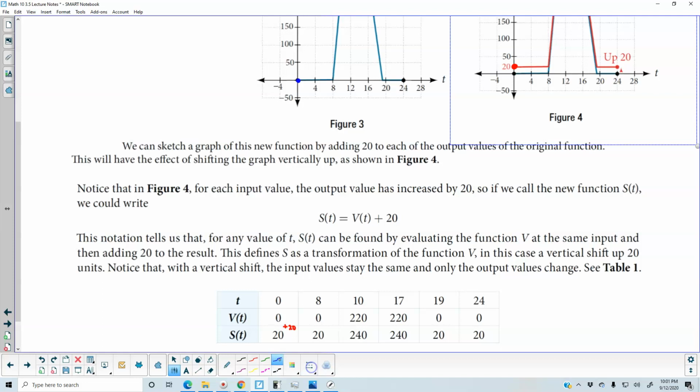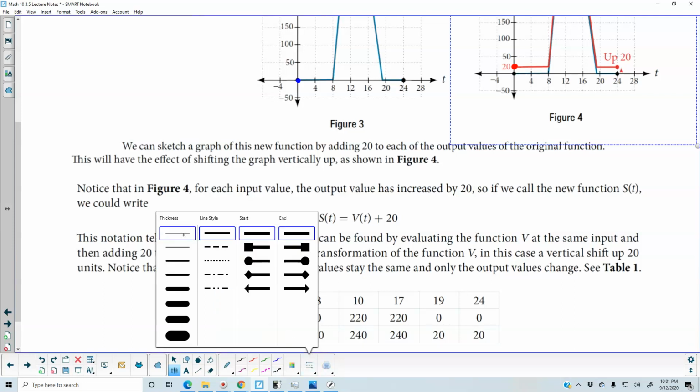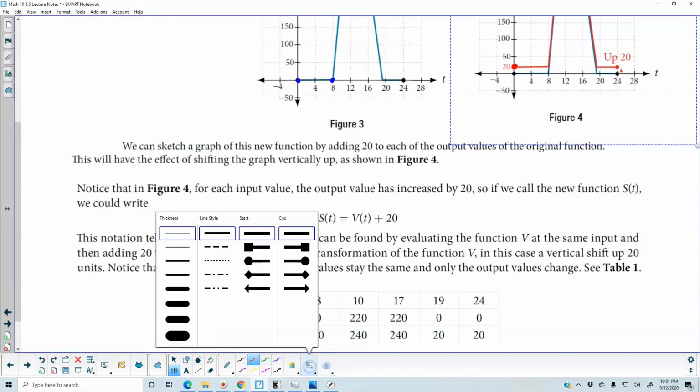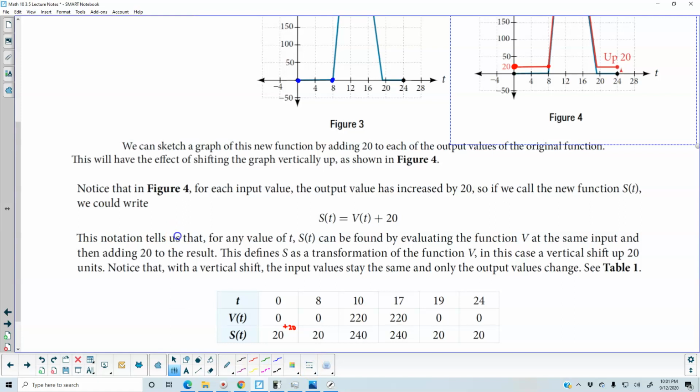Okay, let's take a look at another ordered pair. We have 8, 0. So that is the first ordered pair. Now over here, you can see to the right that we shifted it up 20 units. And if we shifted up 20 units, we still have 8 as the input. When we add 20 to 0, we get 20.